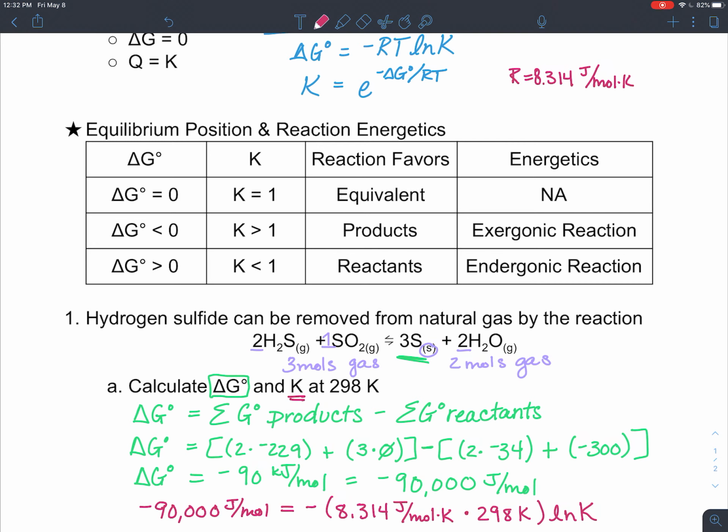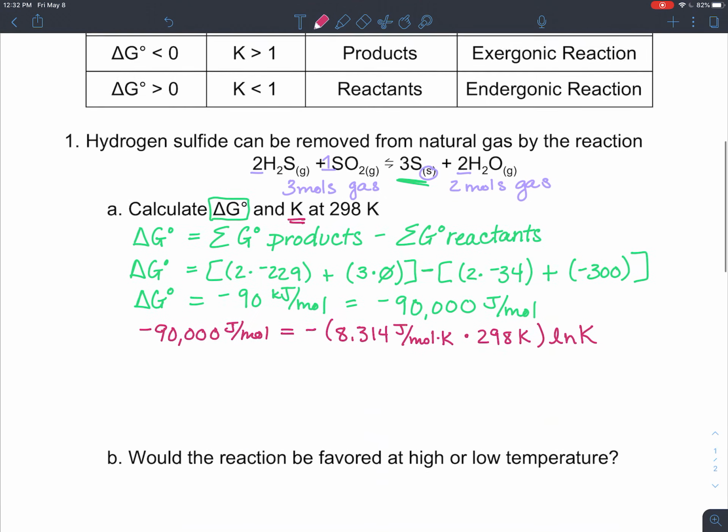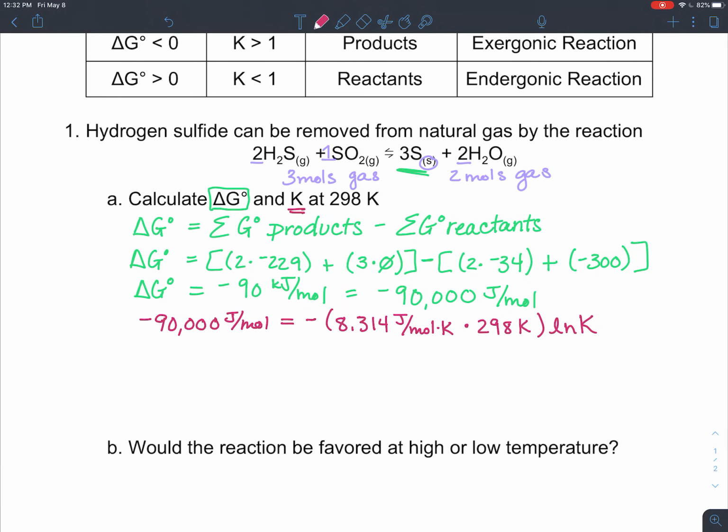So you can set it up either way, because you can end up using the K equation, and so eventually you end up setting it up that way. I'm going to go ahead and just solve this way to get our number that we would raise that exponent to.